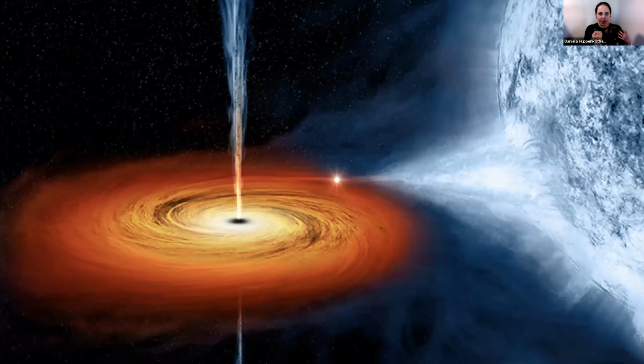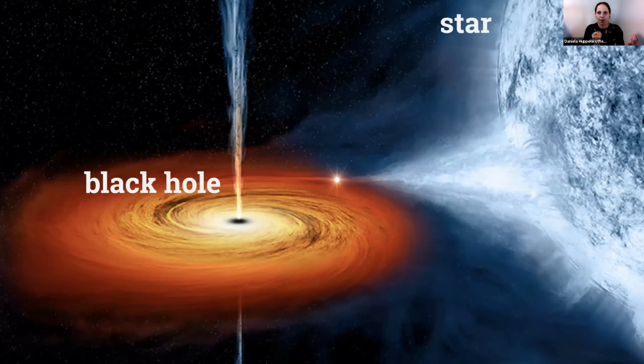Okay. So here's an artist's impression of the kind of systems that I study. What you have here is a black hole, that's a little black spot in the middle, and you have a star. The black hole is very small but very massive, and if the two are orbiting around each other, and if they're in the right configuration, the star will lose gas, which will be pulled into the black hole.